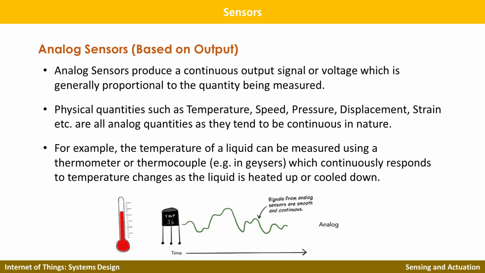Physical quantities such as temperature, speed, displacement, all tend to be continuous in nature, because in the real world you see a continuous value of temperature. And if you put a thermometer into a liquid or a hot drink, it will continuously rise until it reaches the temperature of the liquid. So these kinds of sensors, we call analog sensors.